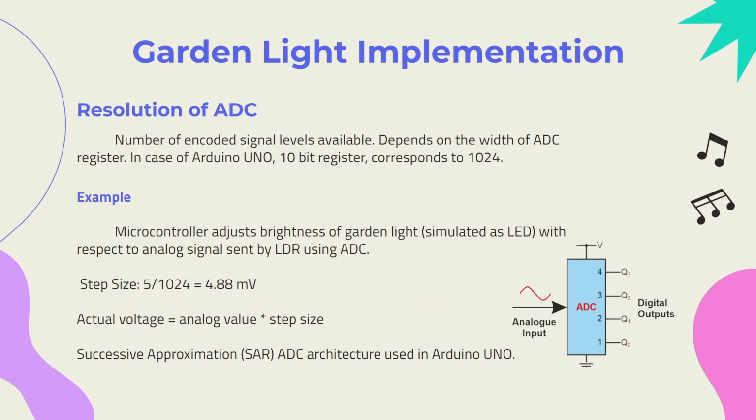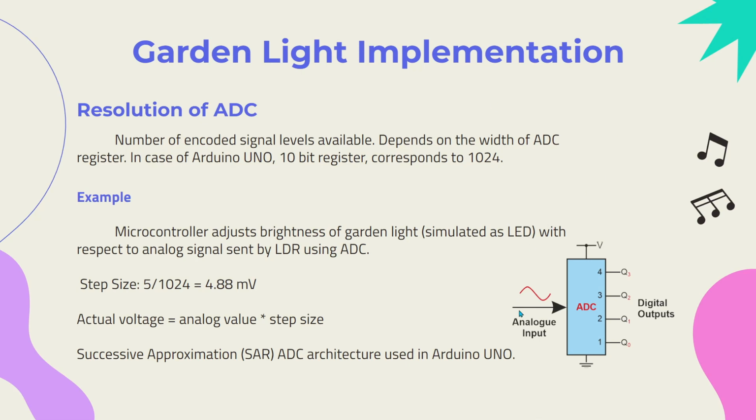Here we'll see the resolution of the ADC. It is the number of encoding signal levels available, and it depends on the width of the ADC register. In case of Arduino Uno, a 10-bit register corresponds to 1024. So we need to map to this 1024. For example, the microcontroller adjusts the brightness of the garden light with respect to the analog signal sent by the LDR using ADC.